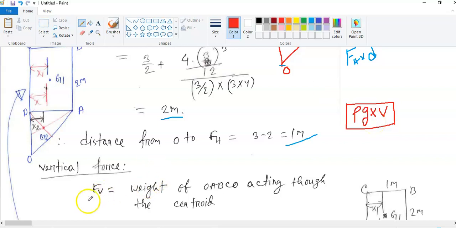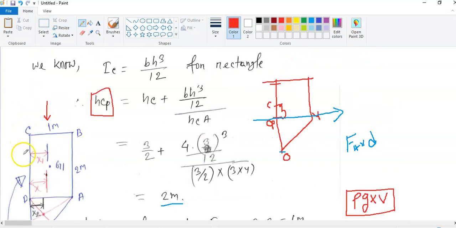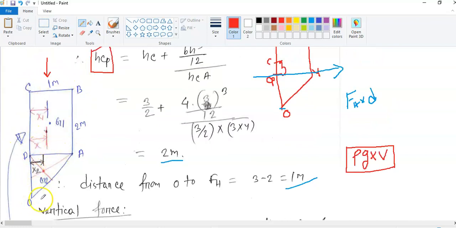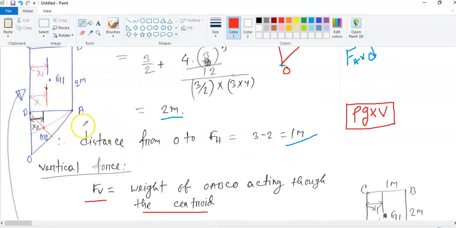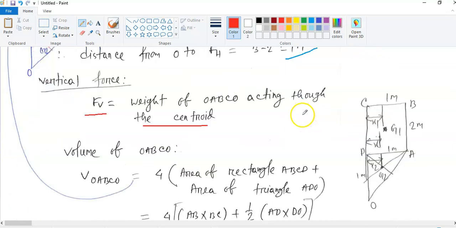So here we say the vertical force is the weight of this domain OABCO, acting through the centroid. What is the centroid for OABCO? This centroid is this point, and the distance is x. Maybe we can see this figure here. This is the centroid for this rectangle, G2 is for this triangle, and this is for the whole domain.